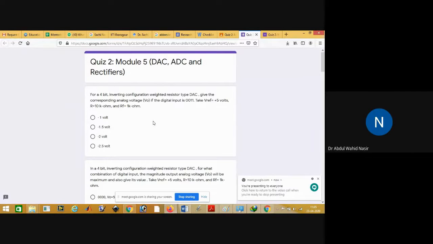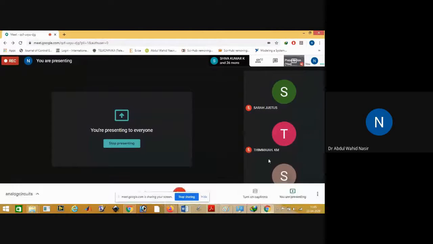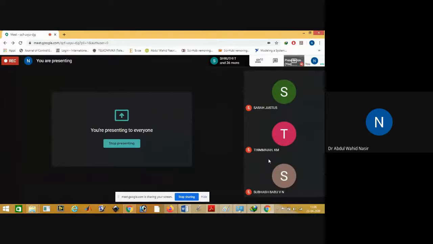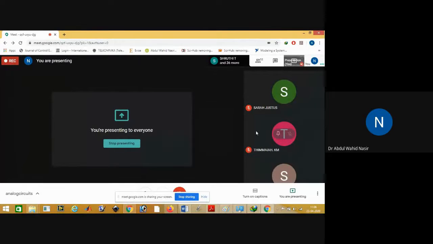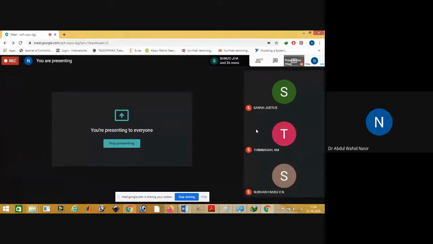Everyone can see my shared screen. Okay. If you're having any issue, you can communicate with me either in chat box or using audio response.